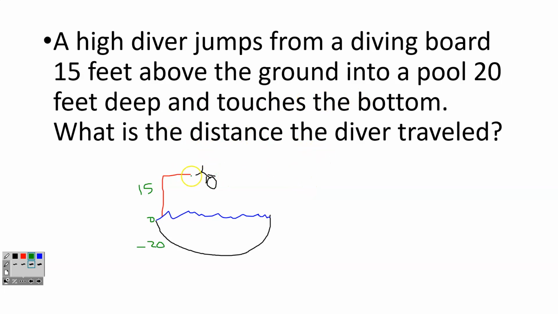Well, it's 15 feet from here to here, and then it's 20 feet from here to here. So I could say that it's 15 minus a negative 20 and get 35. He traveled a total of 35 feet.